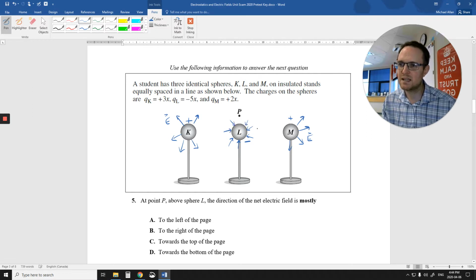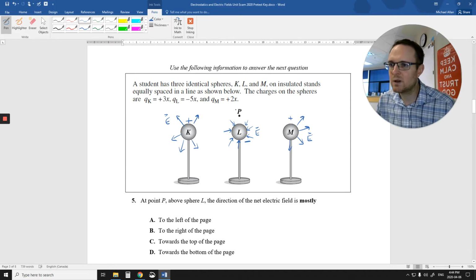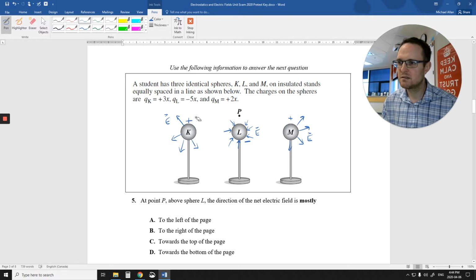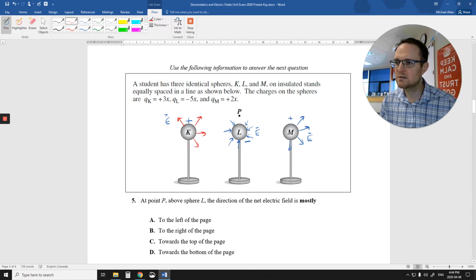Remember, this is kind of the incorrect way of drawing them, but it's kind of useful up here. So at point P, maybe I should color code this. Okay, so K I'll use red. So the arrows are coming out of K. Nice little red arrows. So at point P, caused by K, if I were to keep on drawing arrows pointing out, at this point here there'll be an arrow pointing away from K in that direction.